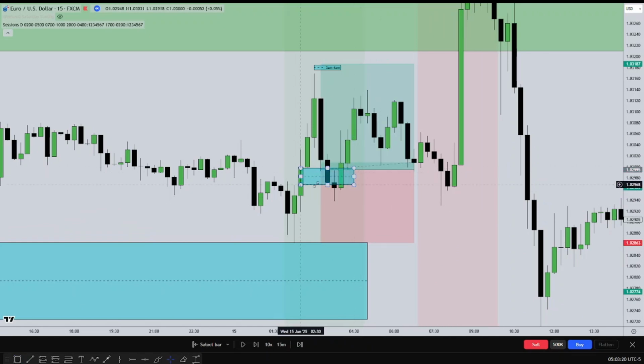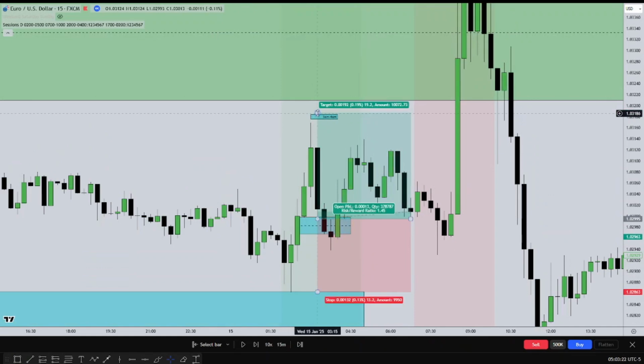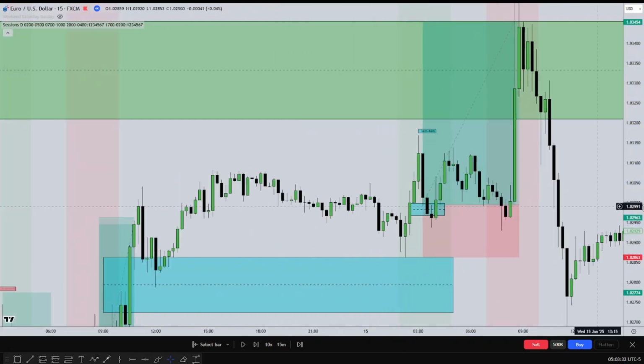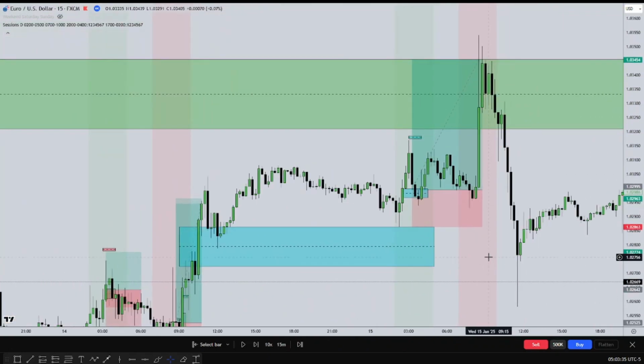And here's the fair value gap. It led to higher prices for price to fill the fair value gap from the 4 hour time frame. It is a 3.4 hour trade.